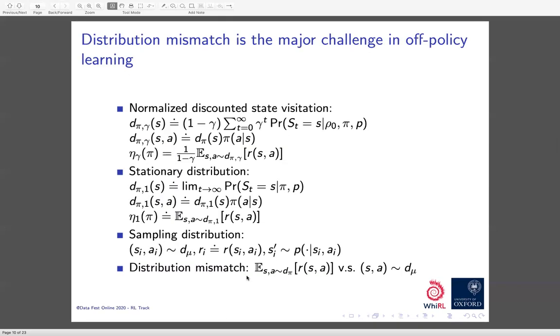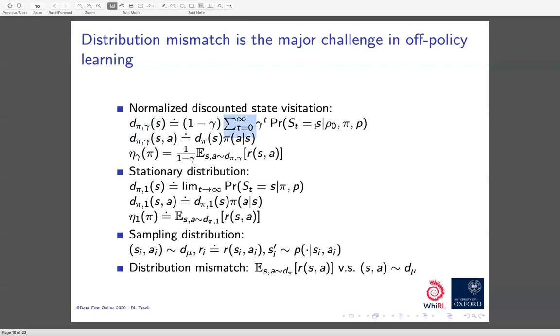So distribution mismatch is a major challenge in off-policy learning. To understand this, we can rewrite the performance metric in the form of an expectation. Let's first define the normalized discounted state visitation distribution, d pi gamma. The idea of d pi gamma is just to count the state visitation.